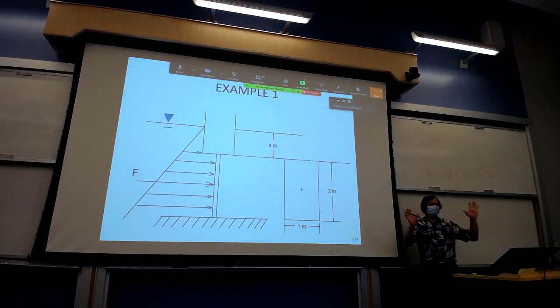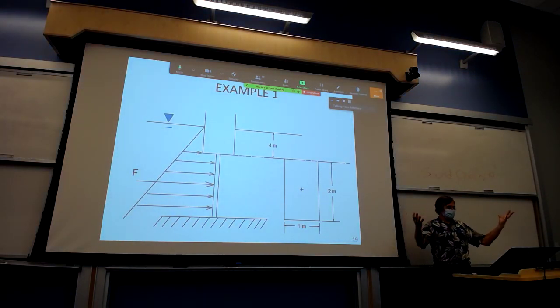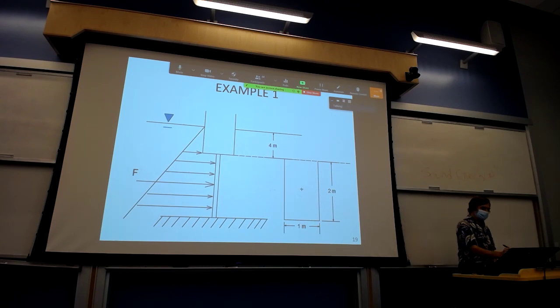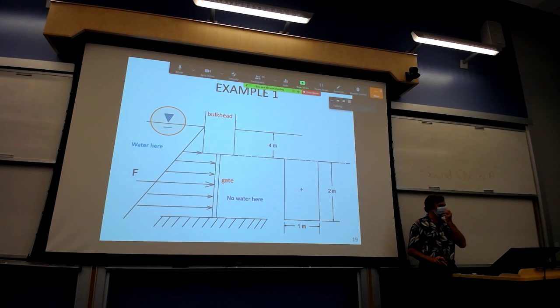So this is now the conceptual drawing of that same last figure. In this case, here's the bulkhead, big concrete structure, and there's the gate. We've got a free surface on one side, so this could be our design condition when the gate's closed. So that means you have water on one side and no water on the other side.